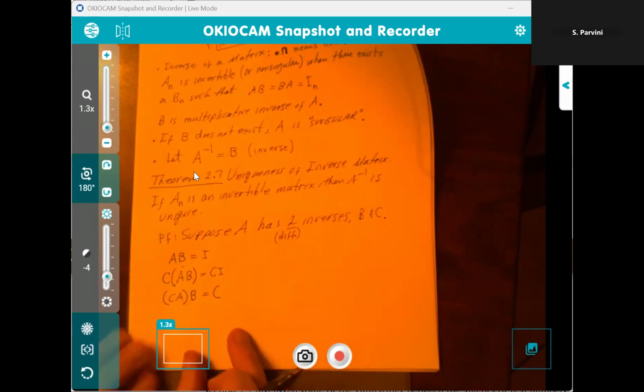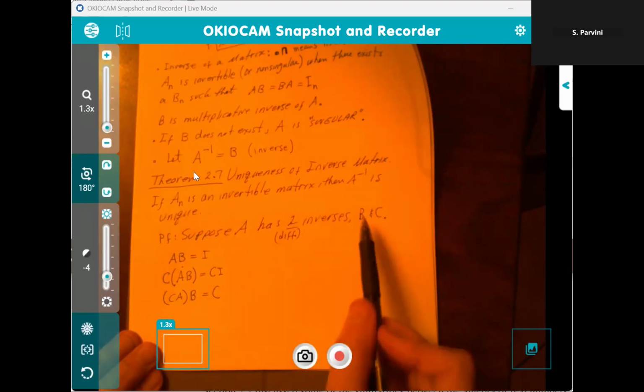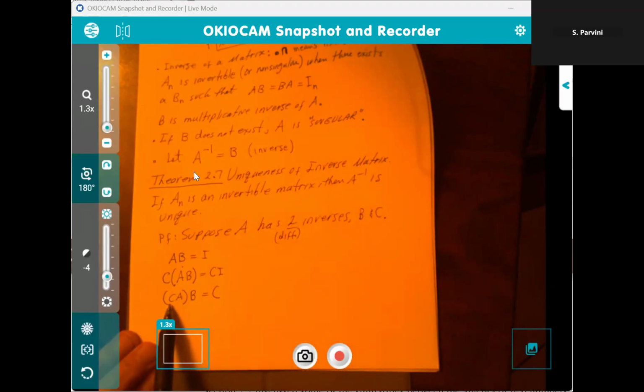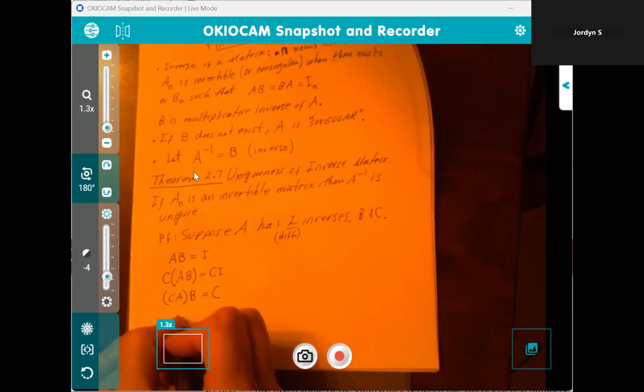So on the right side, I'm just going to get C. Now, on the left side, what is CA going to be, this product? If C is the inverse, what do I get when I multiply inverse of A by A? I think you would just get the B, because I think the inverse and the regular of it would just cancel out, I think. Sure.